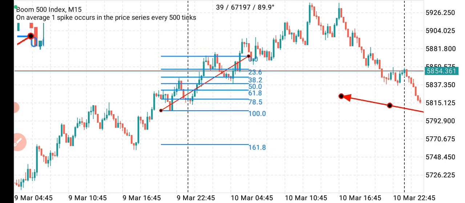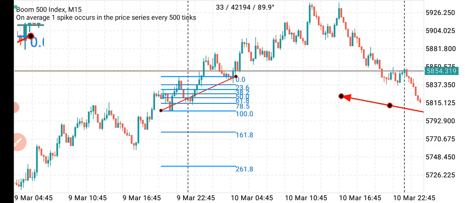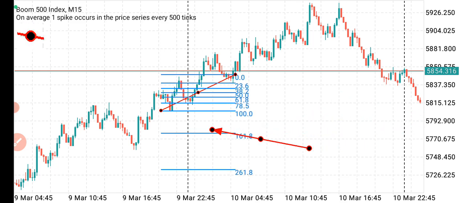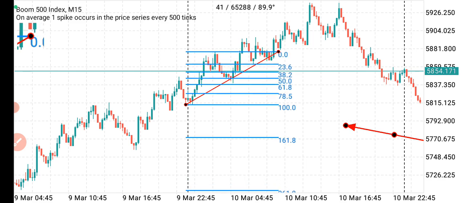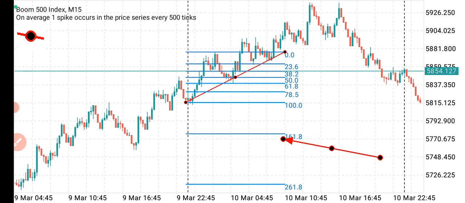Then the next one, it breaks through the same level, it reverses at 23.6, it moves. Then this leg, it breaks through, comes back inside it, taps the 50 level.